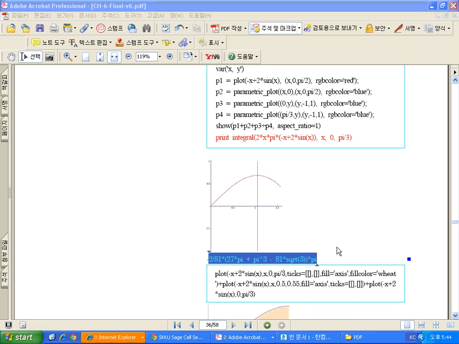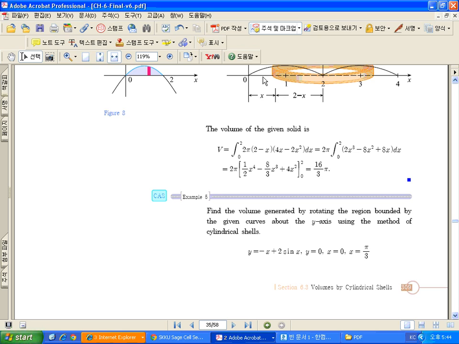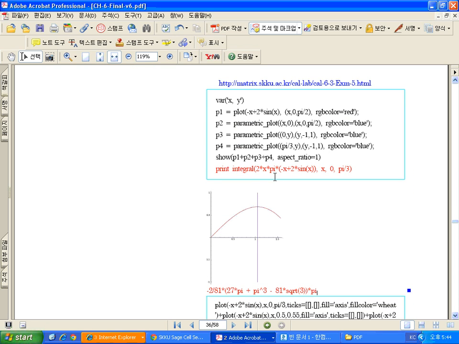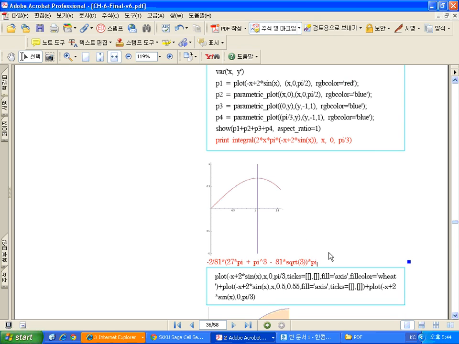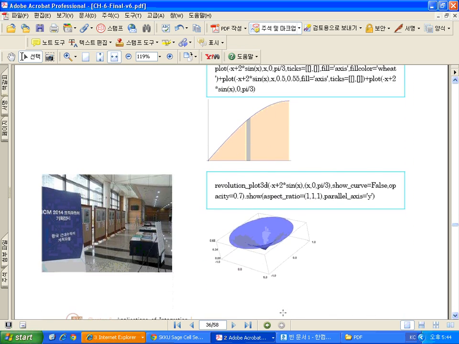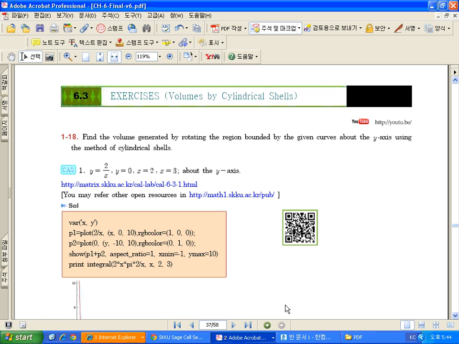Okay, so with this given information, we integrated 2 pi x times f of x, which was minus x plus 2 sine x, dx from 0 to pi over 3, which was the intersection point, to get the answer like this. And that's the typical example of finding volume using the cylindrical shell method.